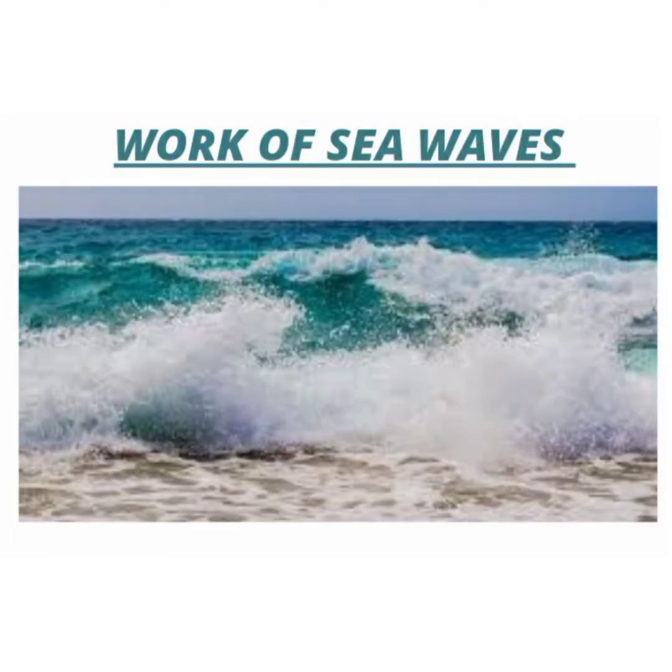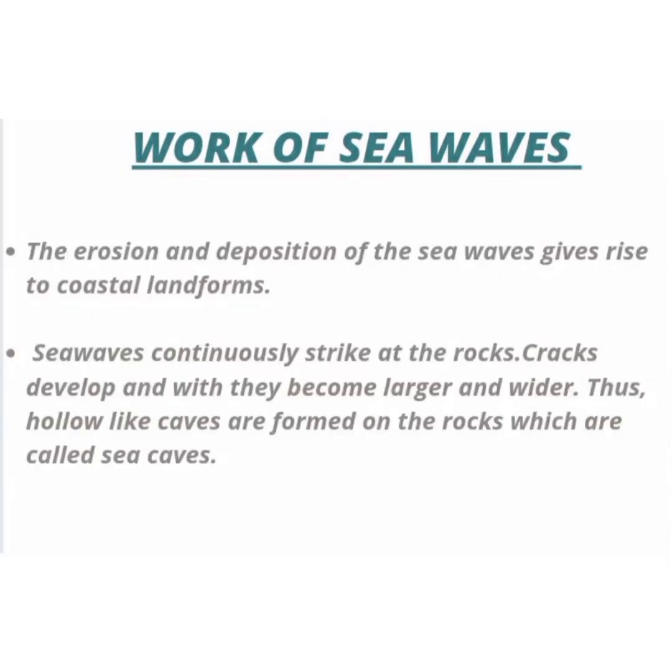Now we will discuss sea waves. The erosion and deposition of sea waves gives rise to coastal landforms. Sea waves continuously strike at the rocks, cracks develop, and they become larger and wider. Thus, hollow-like caves are formed in the rocks, which are called sea caves.